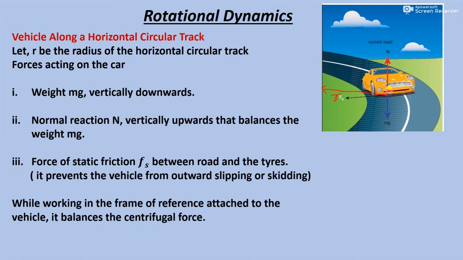Unless and until the normal reaction balances mg, no object can stand on the surface or on the ground. So N and mg are always equal and opposite, and N is the force called normal reaction, always perpendicular to the surface of the object.